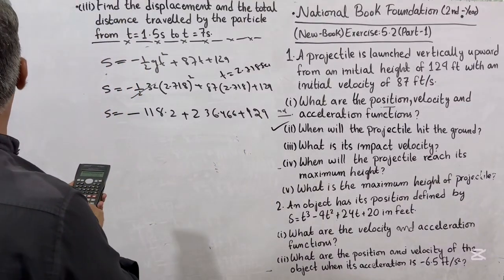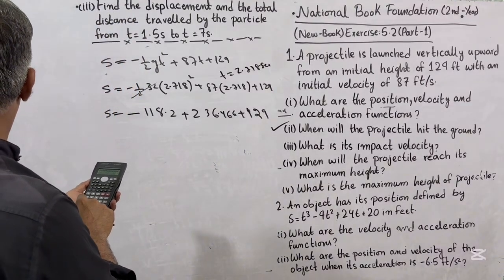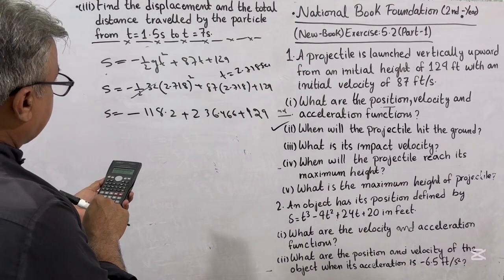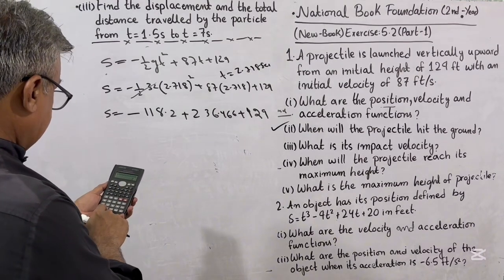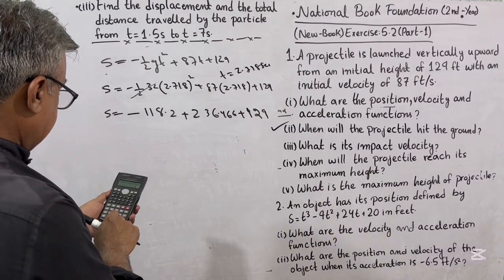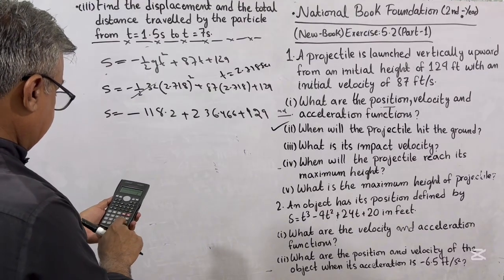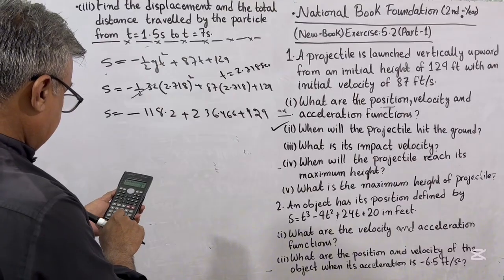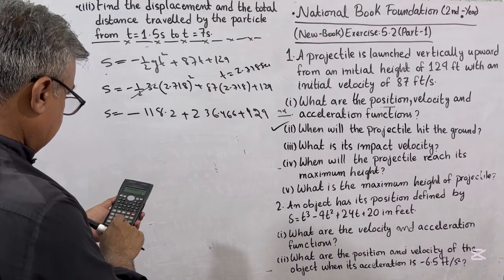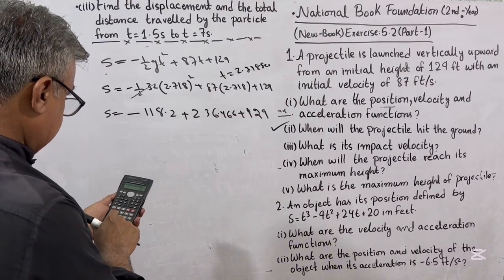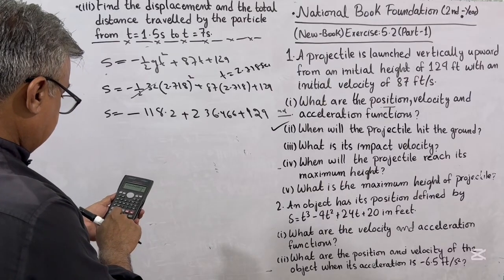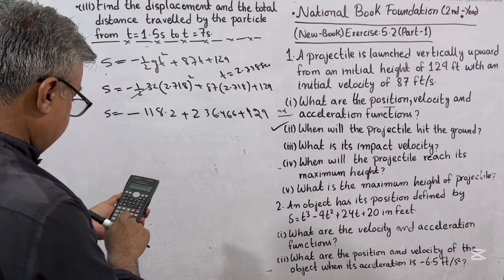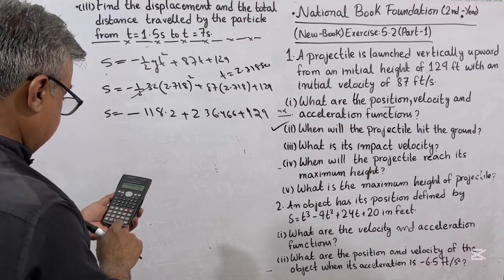Okay, let me add them and subtract. Negative 118.2 plus 236.466 plus 129.